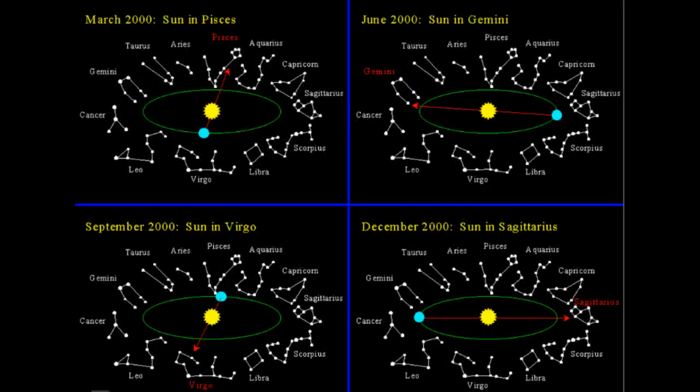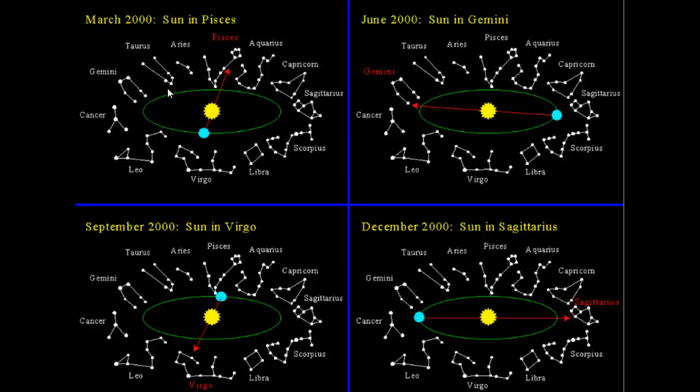Okay, now a word about the zodiac constellations. On its apparent eastward journey around the ecliptic, and you see the ecliptic here now as the sun's path around the Earth's path around the sun, the sun appears to pass through the 12 constellations of the zodiac.